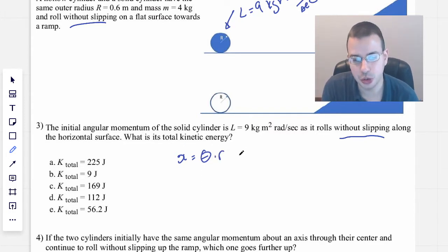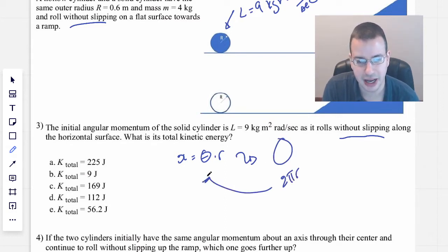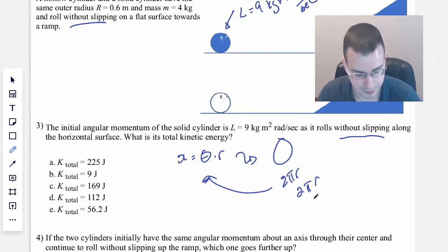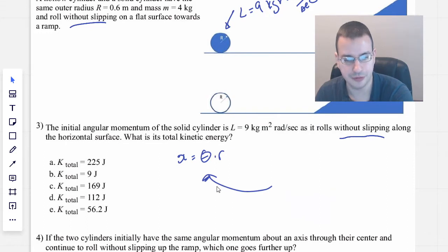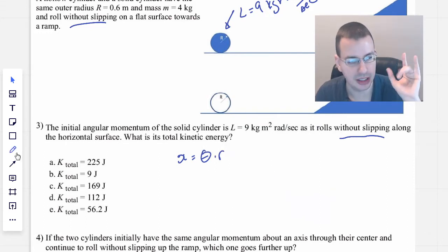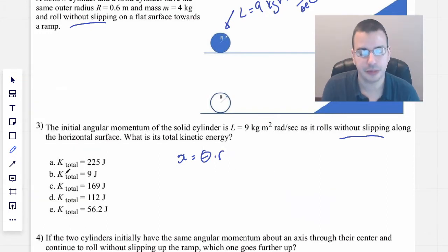This intuitively makes sense because if you look at a circle, the distance around the circle will be 2 pi r. That's the x. And if you travel around the circle, you travel 2 pi, and when you multiply that by r, you get 2 pi r. So they seem to match up. That's why I usually write that one first, because it makes sense intuitively.